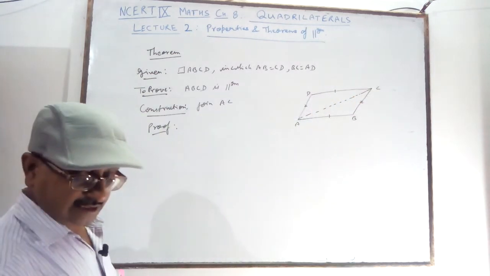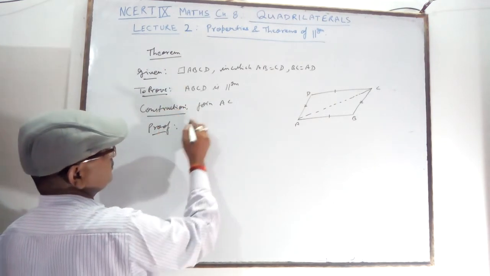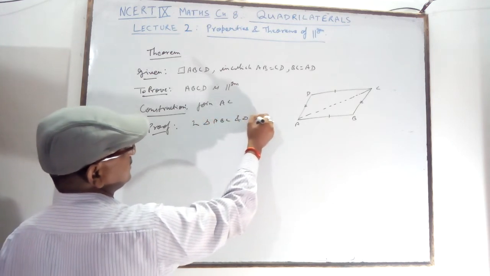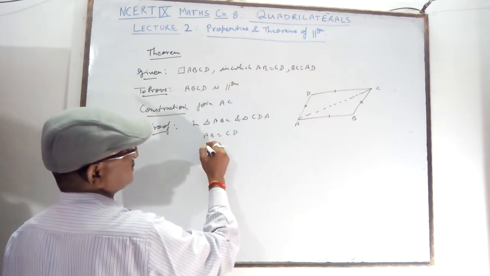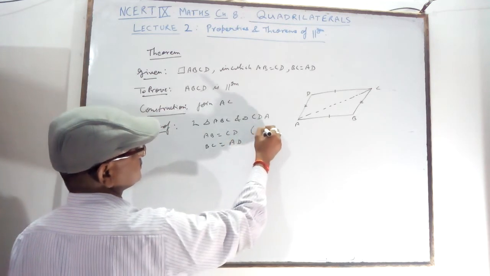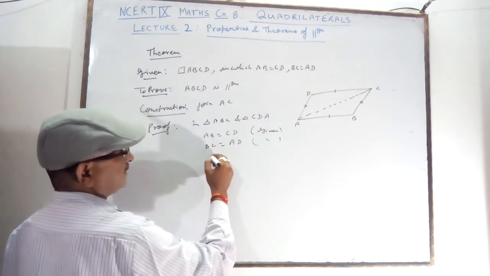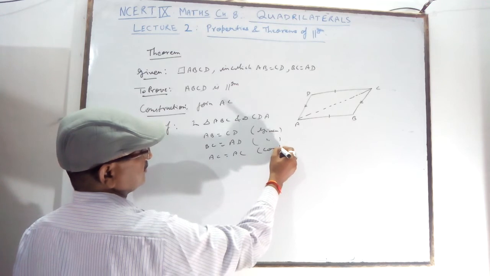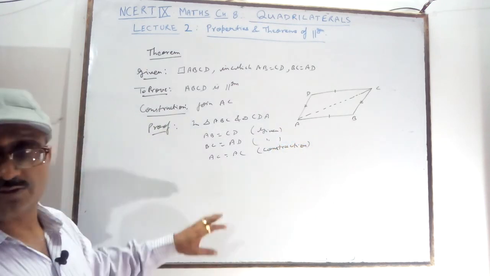Because all the sides are given, in triangle ABC and triangle CDA, AB is equal to CD, BC is equal to AD, it is given here. AC is equal to AC by construction.